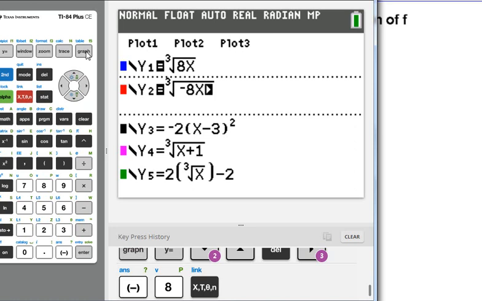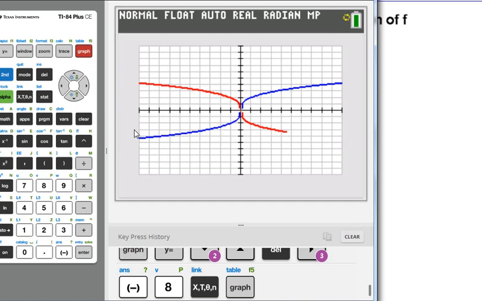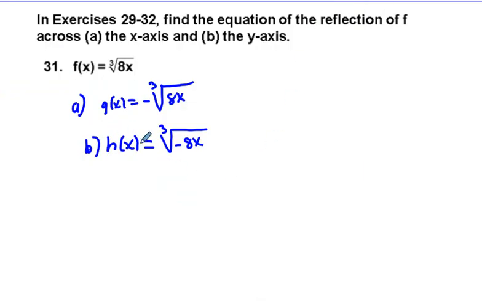And we graph here, and I hope you can see that reflecting about the y-axis in this case does the same thing as reflecting about the x-axis. So we end up with the same graph in both instances. But these are our correct answers here.